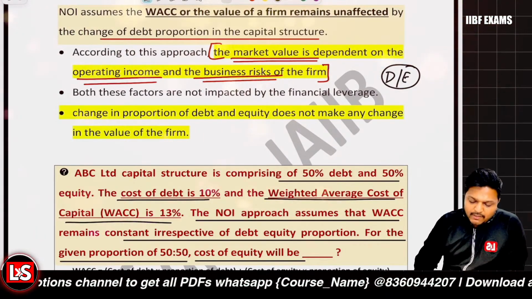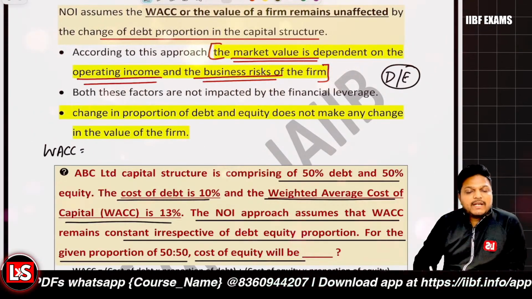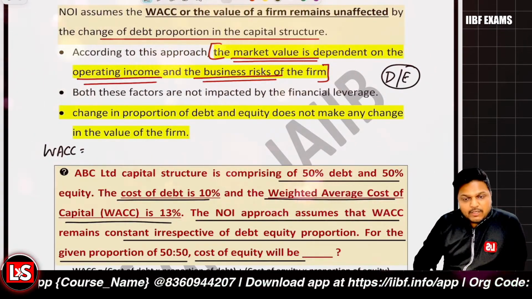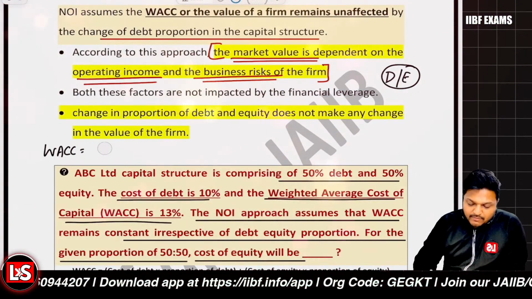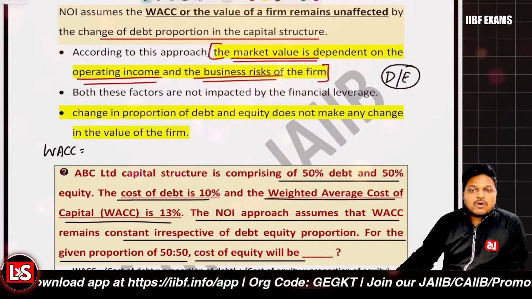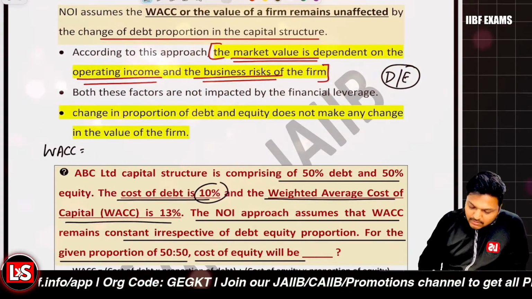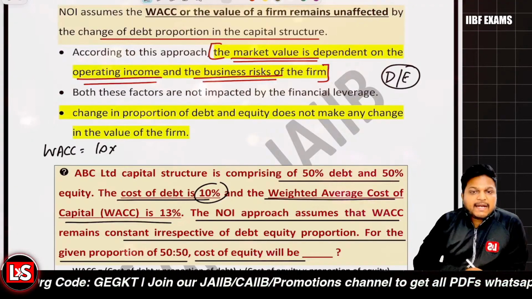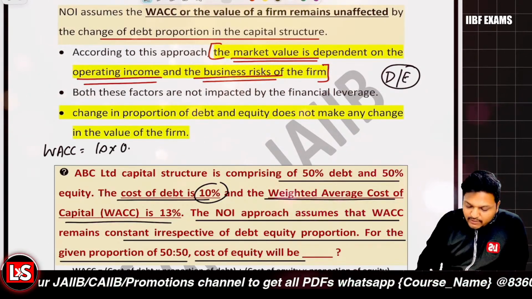Now, we know the formula that is available with us. WACC is equal to what? Weighted average cost of capital is cost of debt into proportion of debt. Cost of debt is given to be 10, so it will be used as it is. And what is the proportion? It is 50-50, so it is 0.5.